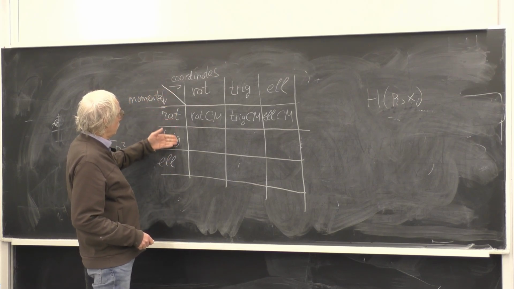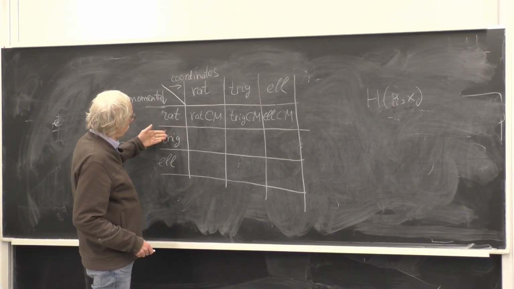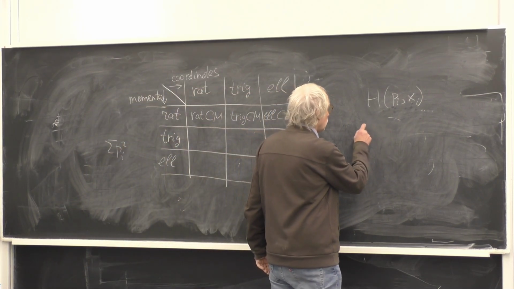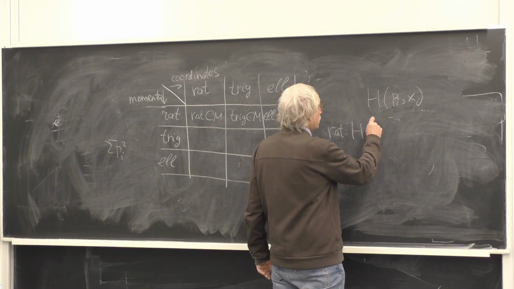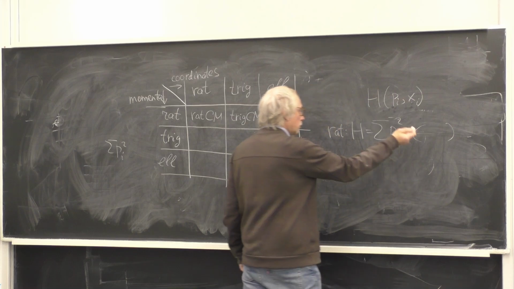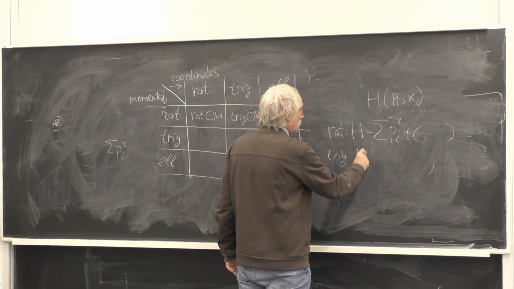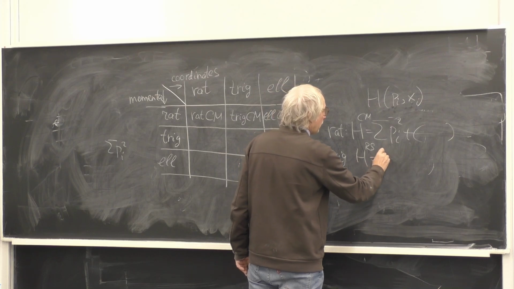Now, let us go further. In the trigonometric dependence on momenta, so this is rational plus potential part, and trigonometric, so this is Calogero-Moser, this is Ruijsenaars-Schneider.